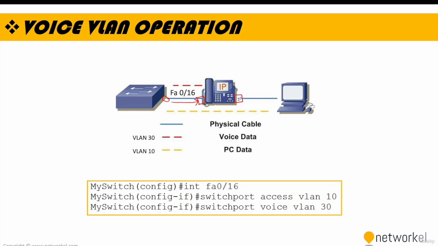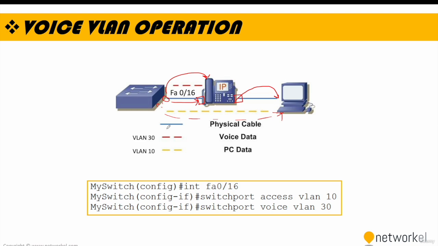Okay, this port is used to connect to this PC. So what is the advantage here? You just use one port from your switch for the IP phone instead of using two different ports, one for the IP phone, another for the PC. Okay, so you save on switch port usage.